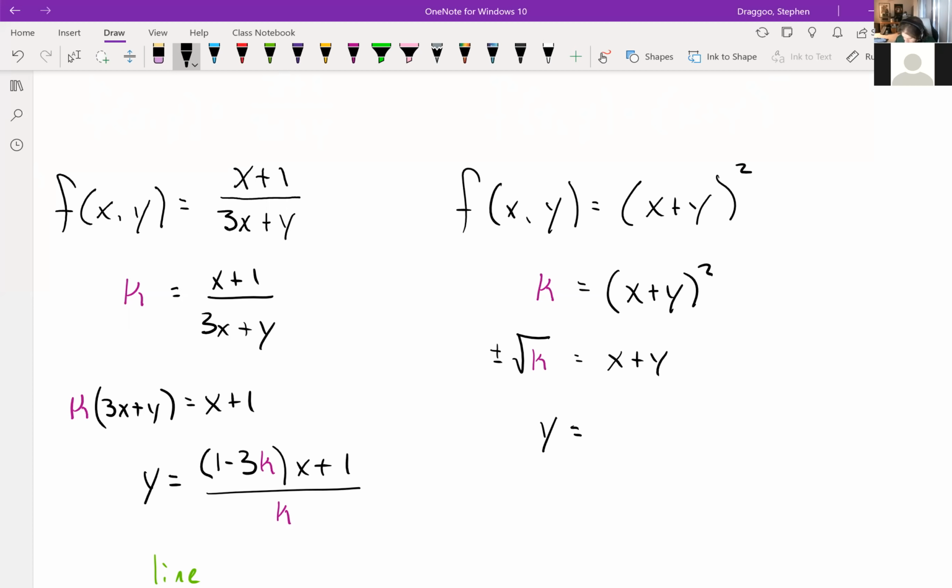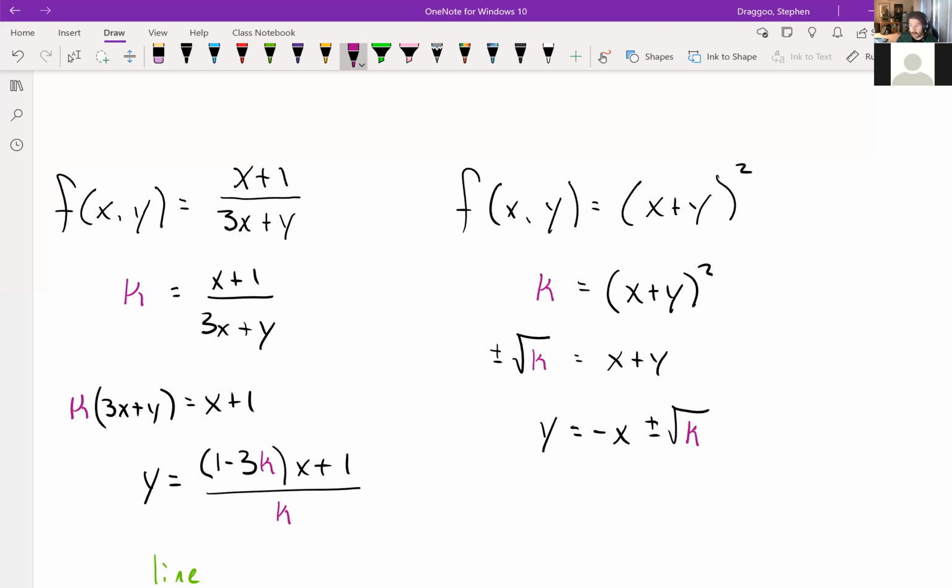So then this means that y is going to be equal to, actually, no. Can that be the case? Yeah, because x and y themselves could be negative. So y is equal to negative x plus or minus the square root of k.